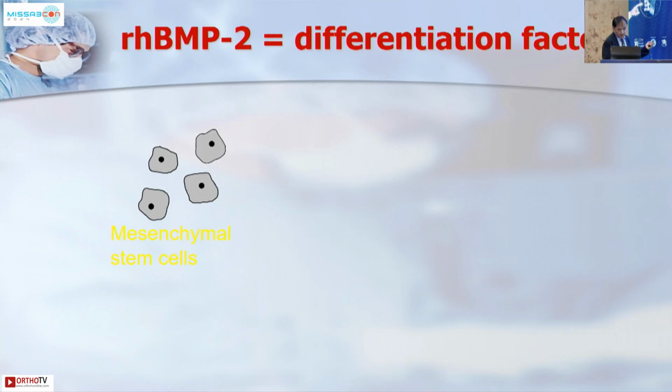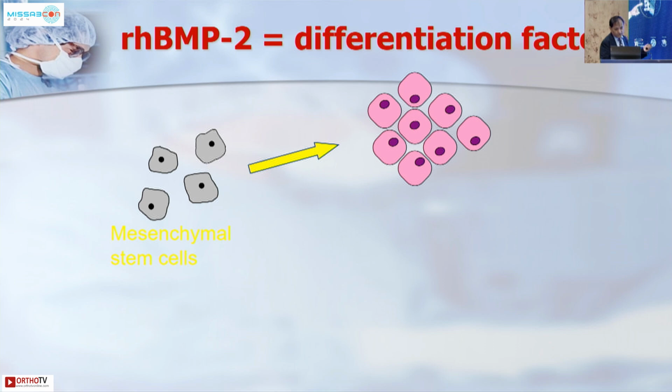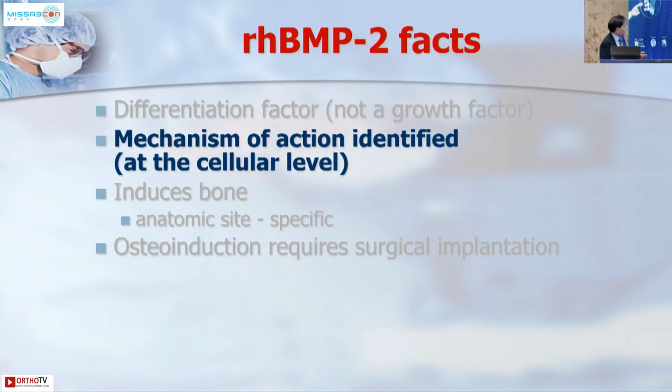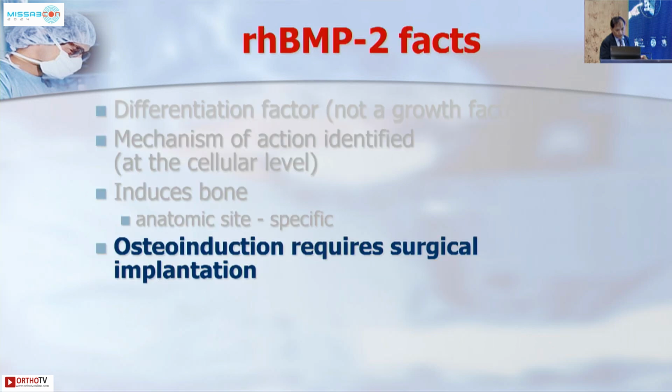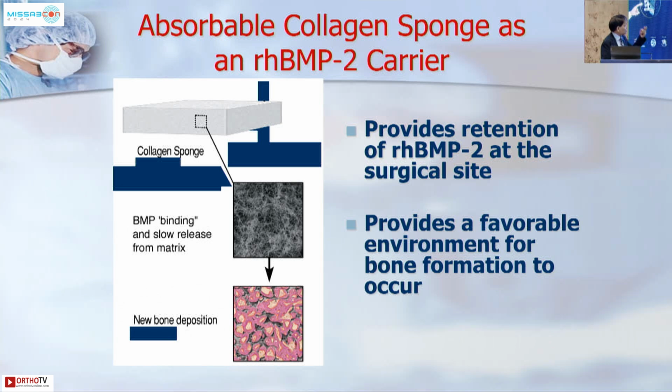Mesenchymal stem cells are differentiated into chondroblasts, and then they form osteoblasts, and then they form bone. So rhBMP-2 facts: the mechanism of action has been identified at the cellular level, and you can see how the two bone formation pathways do the bone formation there. Osteoinduction requires surgical implantation, and they use a collagen sponge which keeps the BMP inside and releases it slowly.